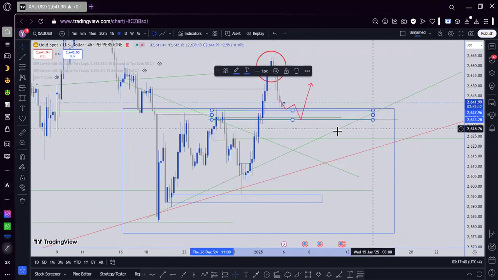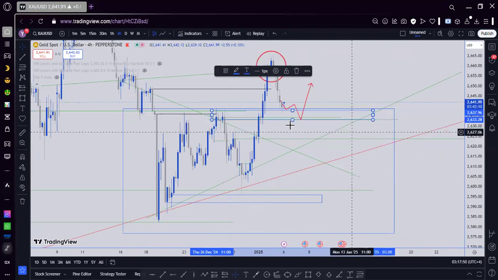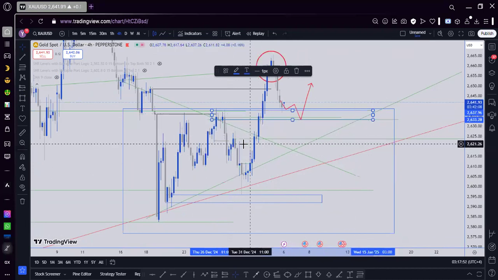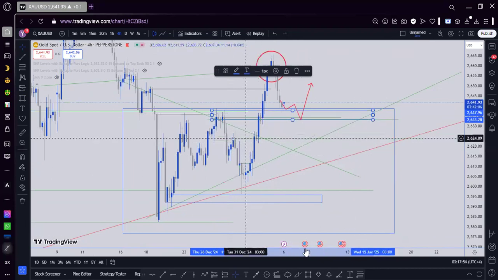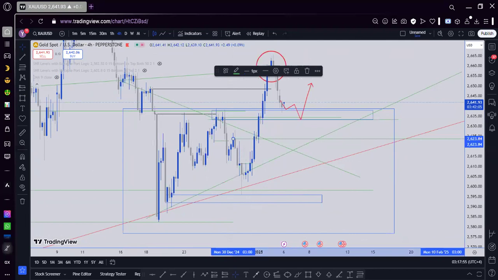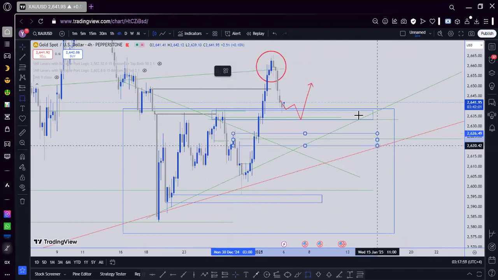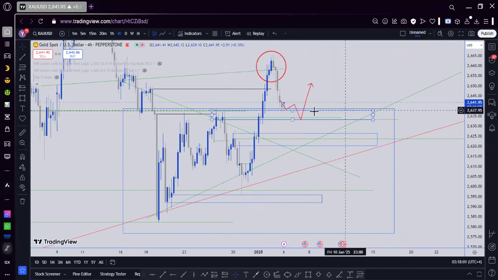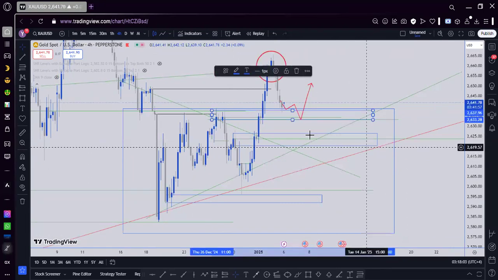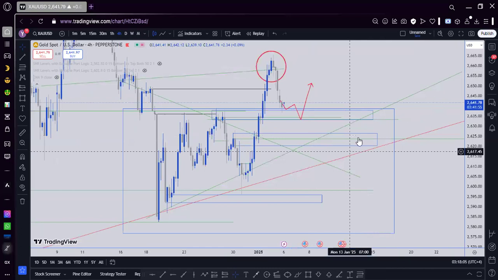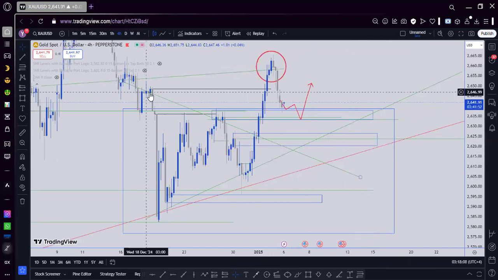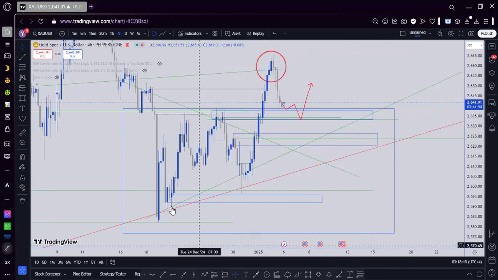If this zone didn't give us the confirmation, just wait for this other daily level, aligning with another SNR C2 setup. This SNR C2 setup is aligning with two daily trend lines.